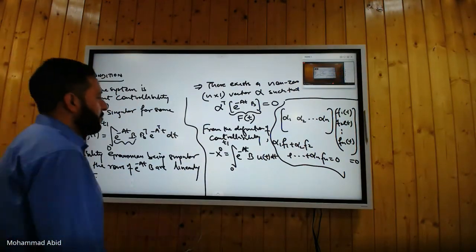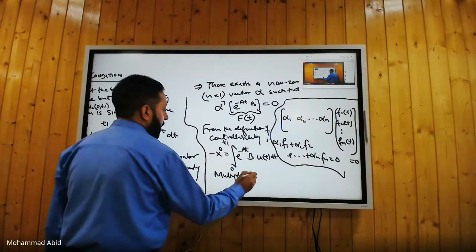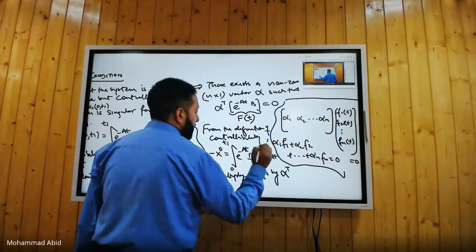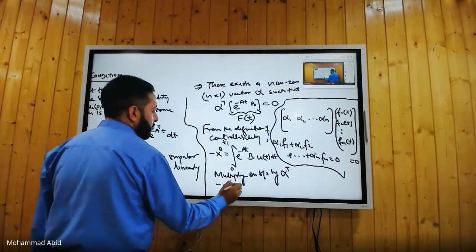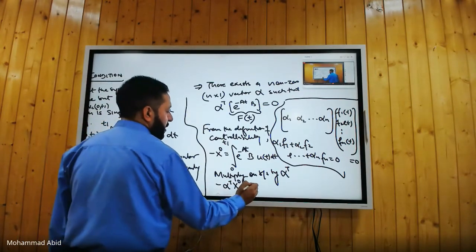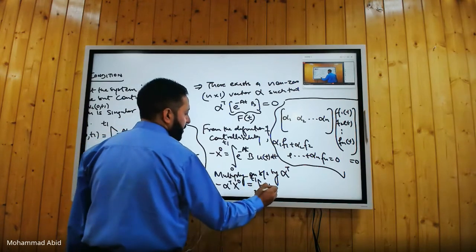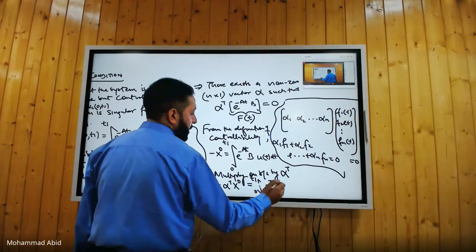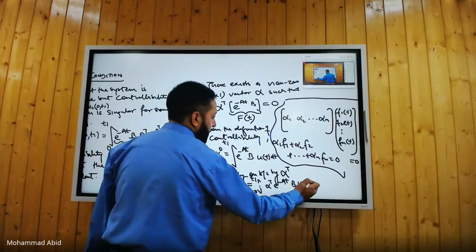If I multiply on both sides by alpha transpose, I get minus alpha transpose x naught equal to integral of 0 to t1 alpha transpose e to the power minus At B u(t) dt.